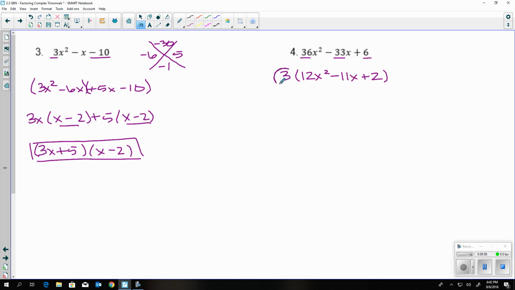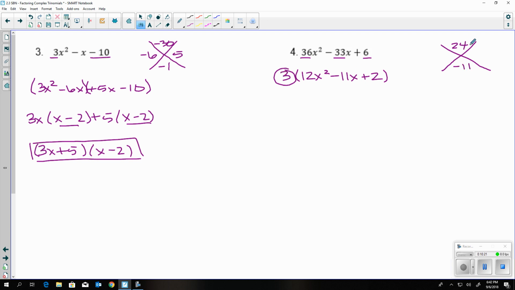So again, your a value is not 1, so that means I have to do the x. So 12 times 2 is 24, and then negative 11. So two numbers that multiply to positive 24 and add to negative 11. Hopefully you know that would be negative 8 and negative 3. They multiply to positive 24 and add to negative 11.